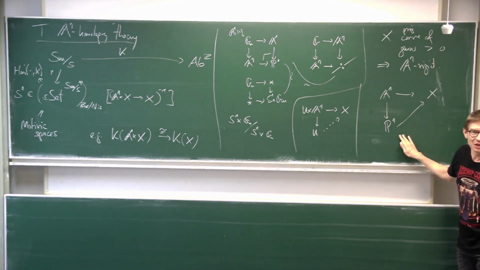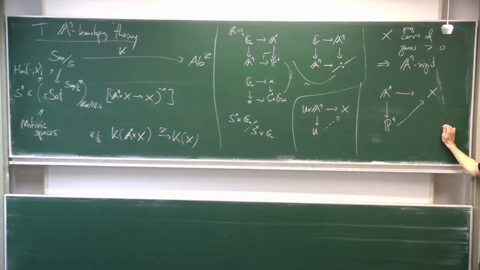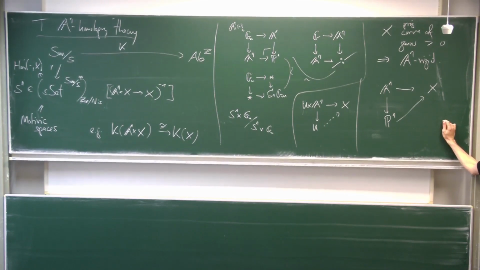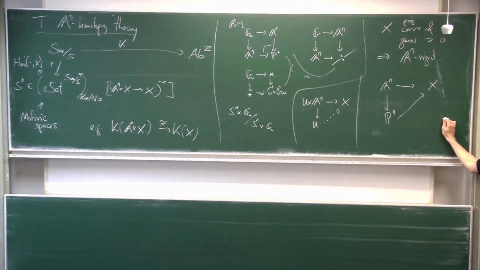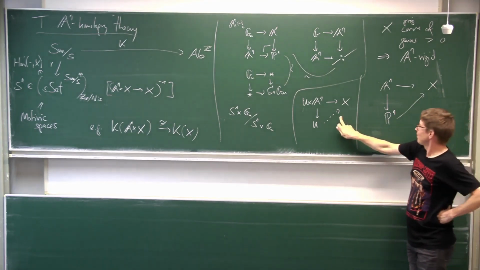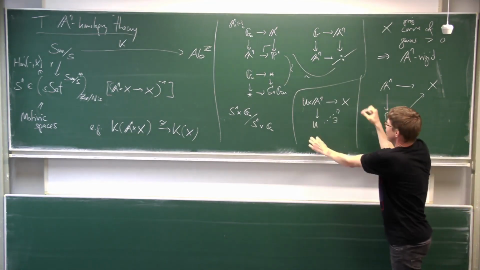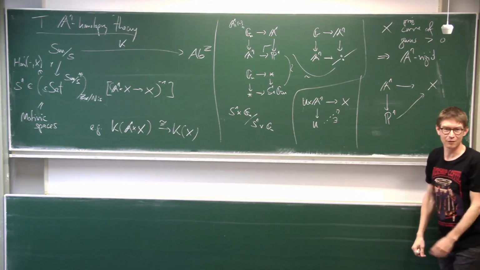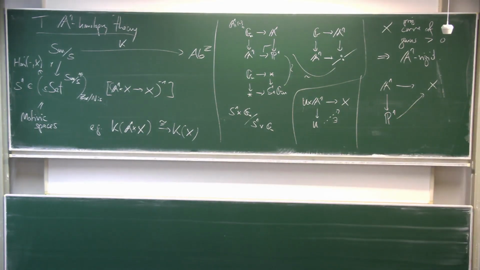But okay, that's a completion thing that we can't do in SAG. Okay, what does A1 rigid mean? It means this here. For every such diagram there exists a lift. But not unique. No. Actually, would it be unique? Probably. I don't know. Not necessarily, I guess. It will be later when we do it internally.